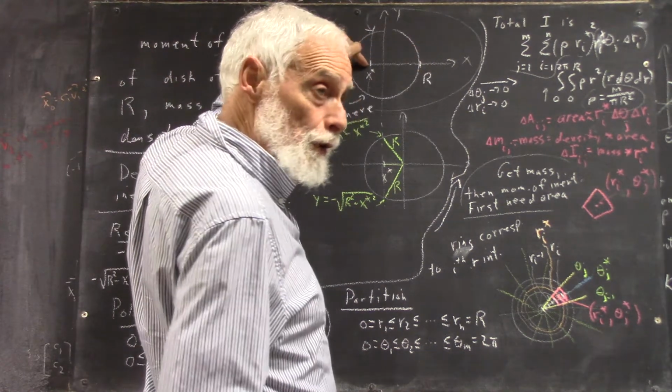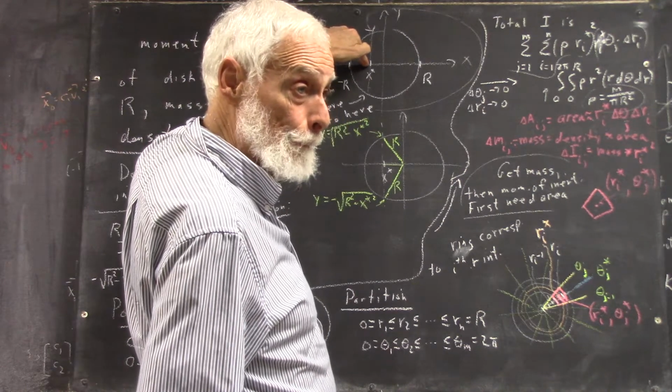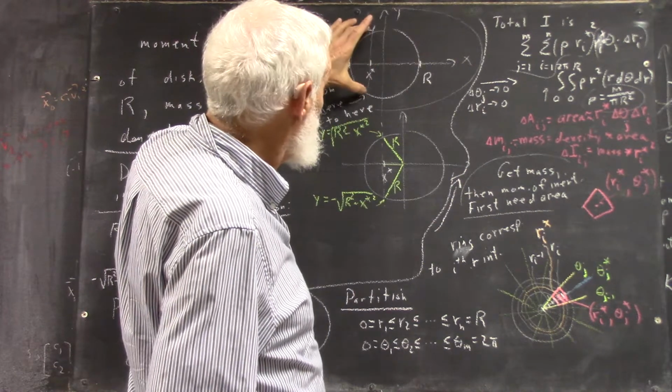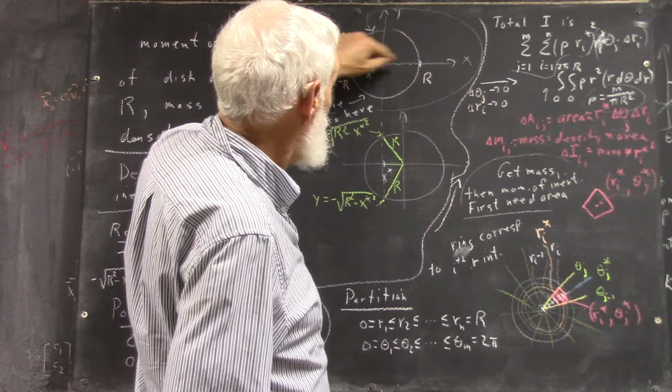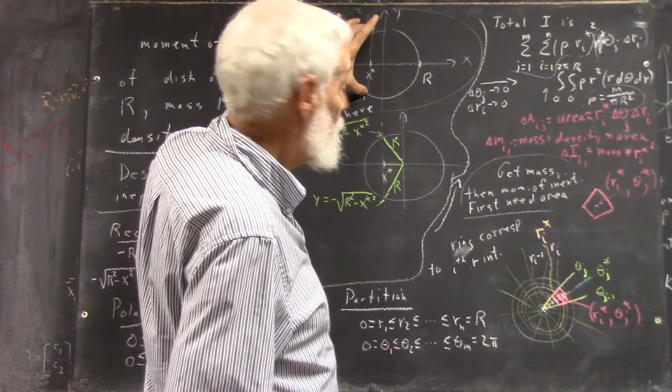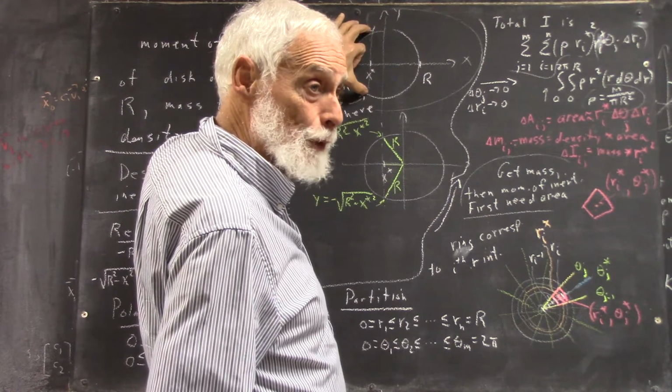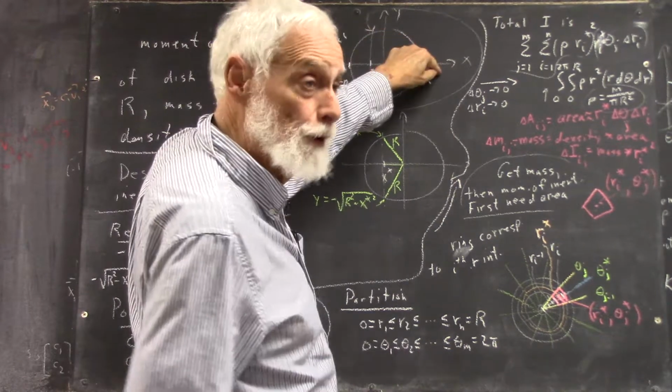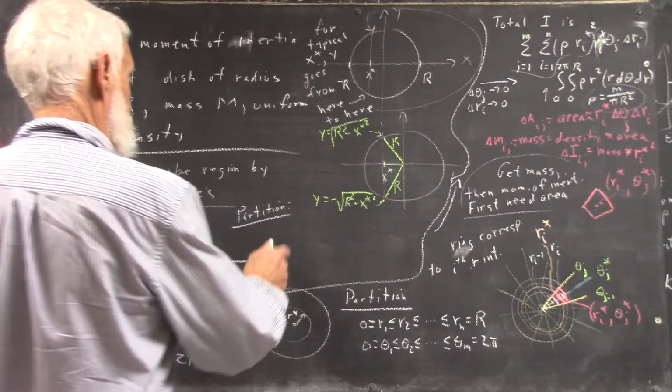Now, what are the limits on y for typical x, right? So we're going to partition this, and then we're going to partition this. But we can't partition this until we know what the partition is here, and you see why if you don't already.